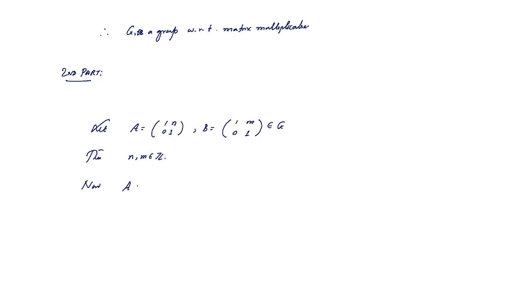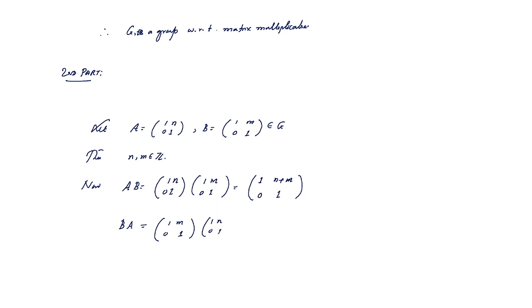Now what will be AB? AB will be [1, n; 0, 1] times [1, m; 0, 1], which is [1, n plus m; 0, 1]. And if we calculate BA, that will be [1, m; 0, 1] multiplied by [1, n; 0, 1]. Again it will be [1, m plus n; 0, 1].